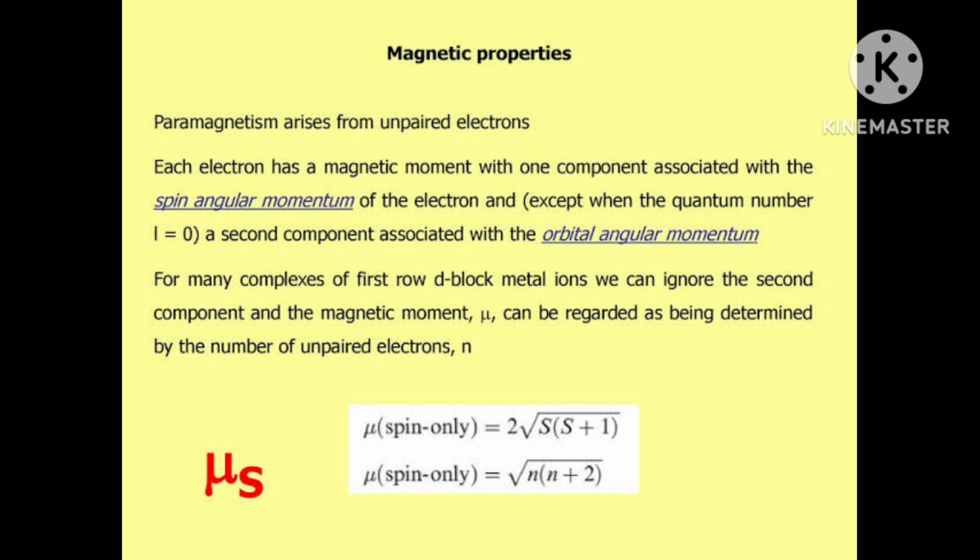A vacant pair of d orbitals results only by pairing of 3d electrons, which leaves 2, 1 or 0 unpaired electrons.